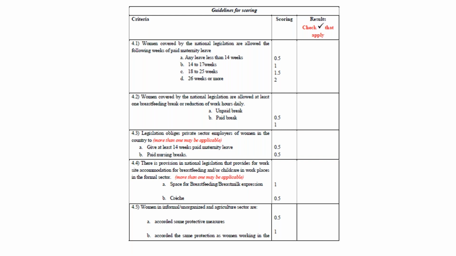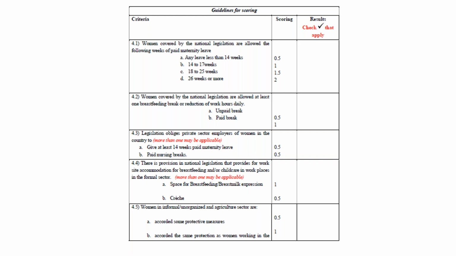4.4 is questioning whether or not there is a provision in national legislation that provides for worksite accommodation for breastfeeding or childcare in workplaces in the formal sector. And there are many, especially large organizations that provide for worksite accommodation, but once again, they are only for hourly workers.